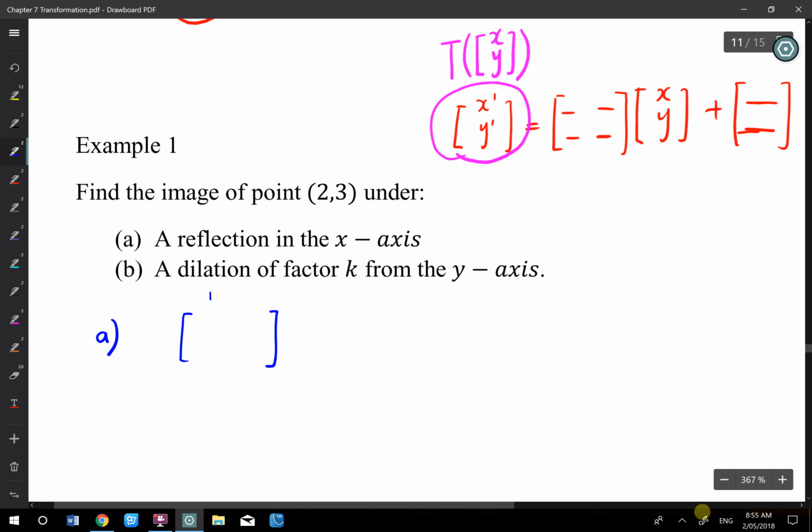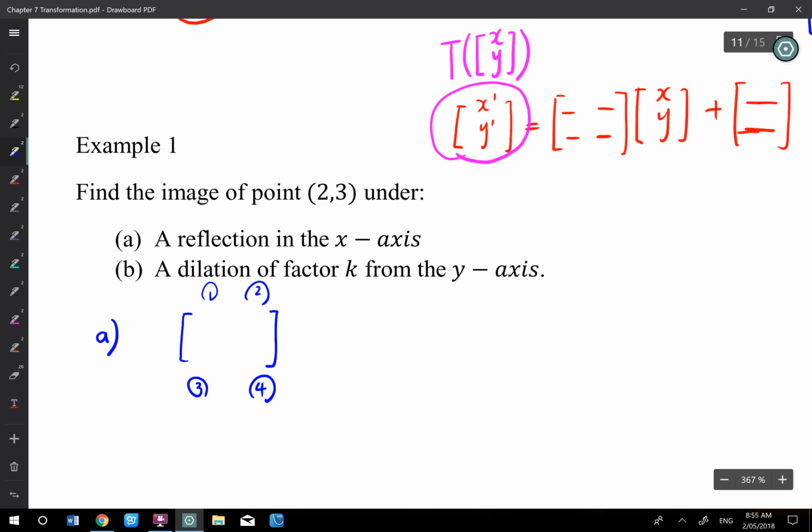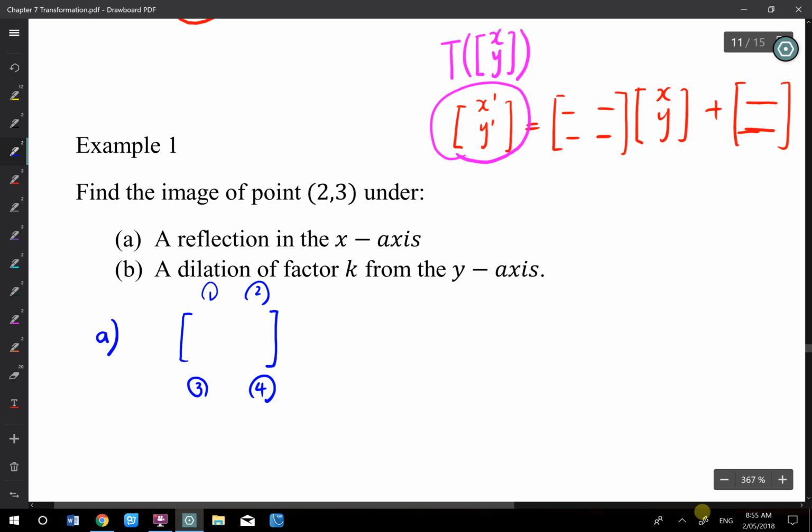Let's say that's place 1, place 2, place 3, and place 4. Let's write in order what numbers we should have. First one, 1, second, 0, third, 0, and -1. So that's the transformation matrix for a reflection in the x-axis.